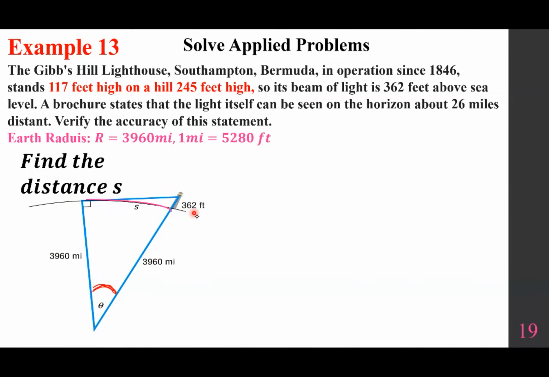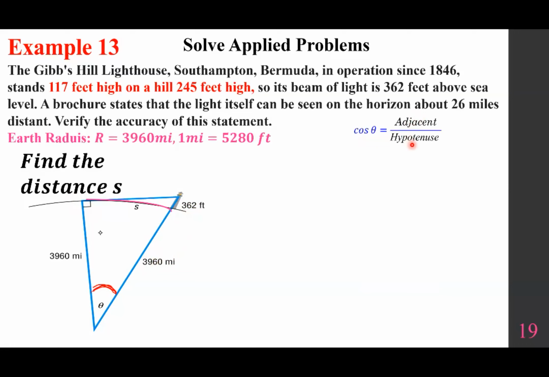Now we have to change everything to miles or feet. It's easier to keep it as miles. This is 3960, this is 3960 plus 362 divided by 3960. So cosine theta is the adjacent over the hypotenuse.